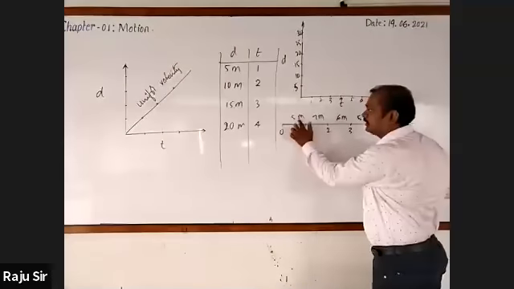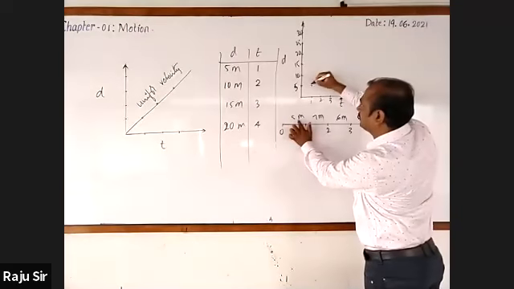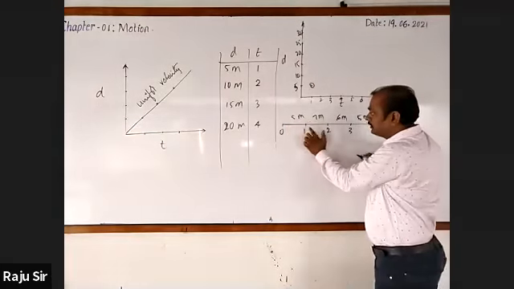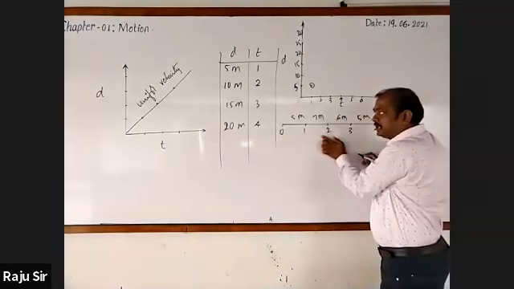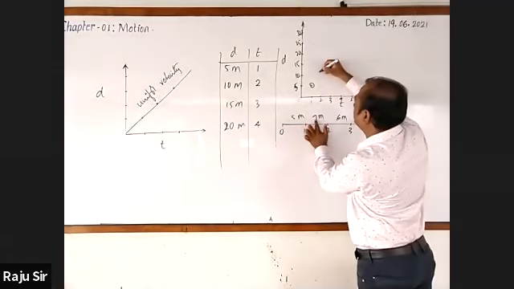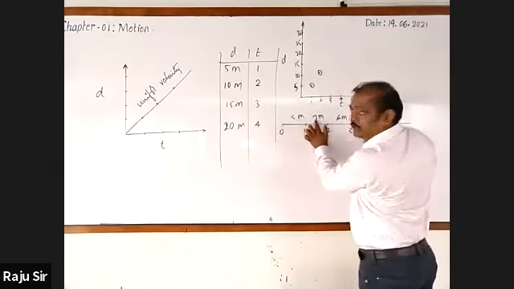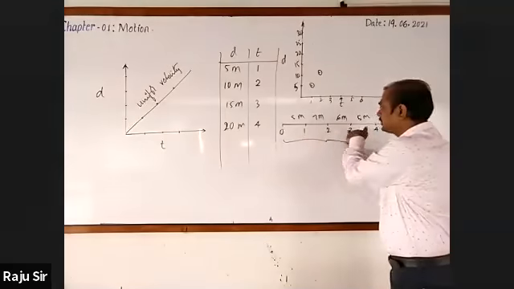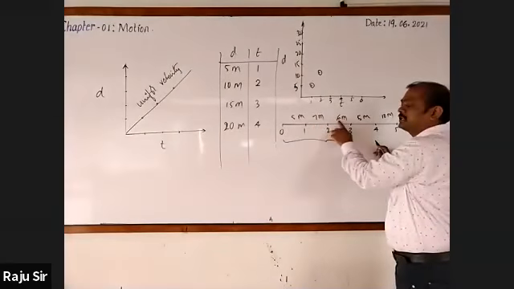In the first second, 5 meters, I can mark the point. In 2 seconds, 5 plus 7, 12. I can mark that here. Are you all following? Yes, sir. In 3 seconds, what is the distance covered? 5 plus 7 plus 6, 18 meters.